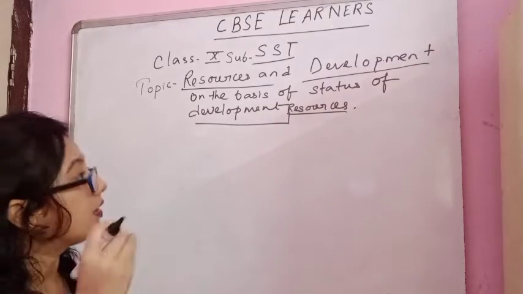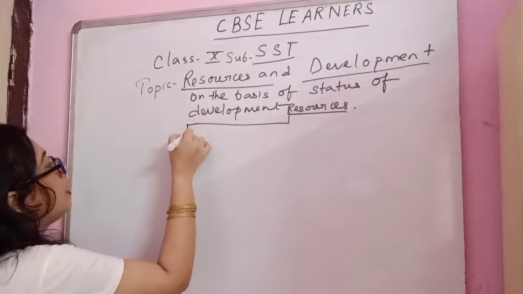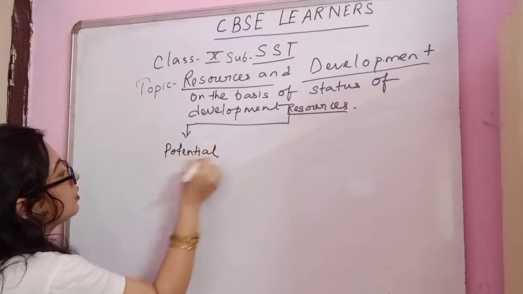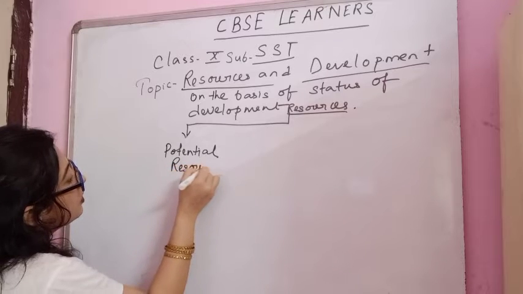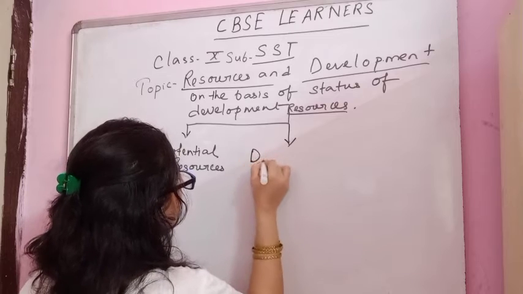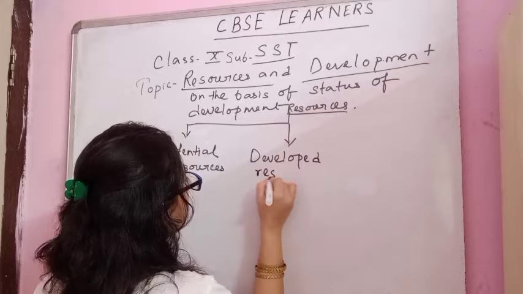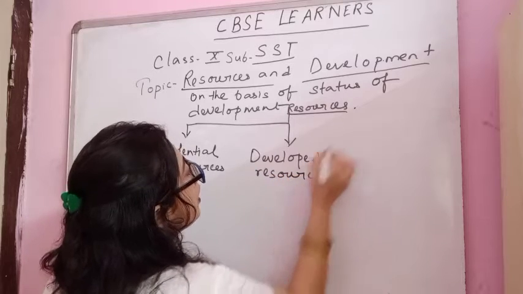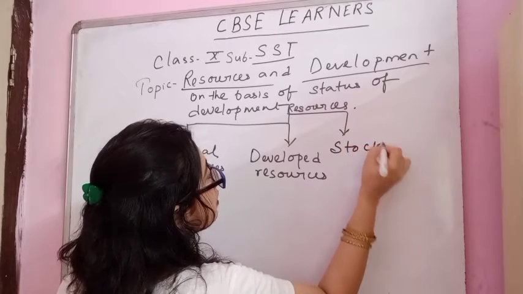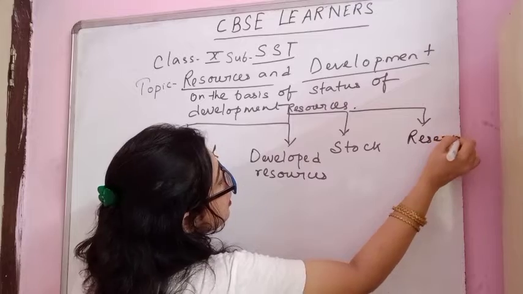So on the status of development, resources can be classified as: number 1, potential resources, number 2, developed resources, number 3, stock resources, and number 4, reserves.